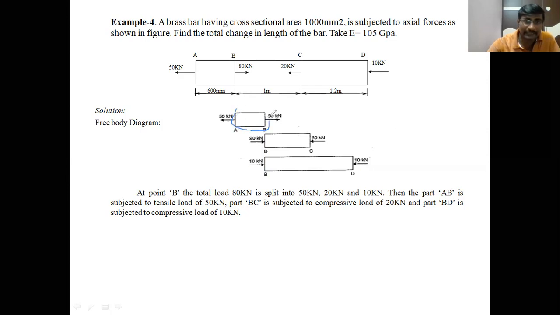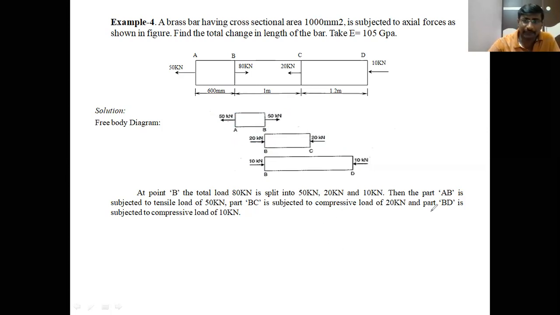The part AB is subjected to tensile load. Tensile means it is the pulling load on the AB. Part BC, what type of load is it subjected to? It is the compressive load. That means due to this load of 20 kilonewtons, the second part BC will decrease its length.